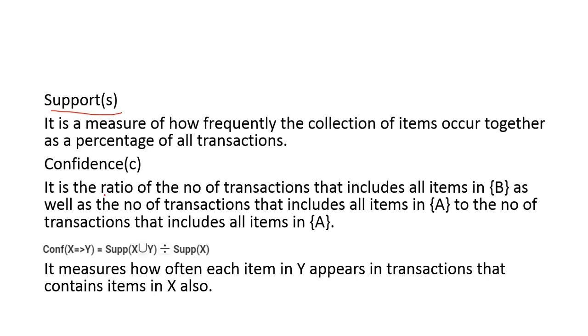Confidence is a ratio of the number of transactions that include all items in B as well as the number of transactions that include all the items in A. This B is nothing but the set of items.